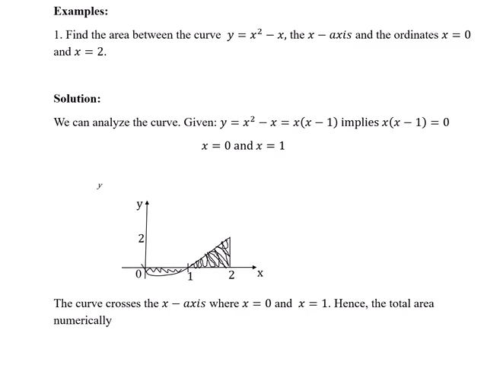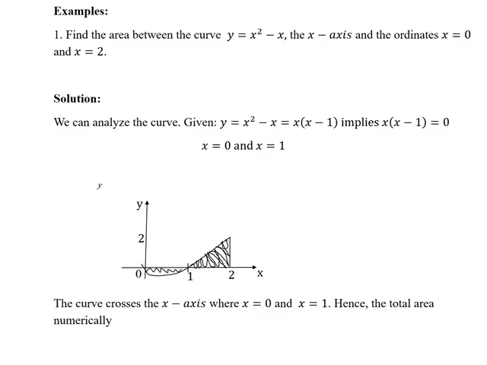And when s is 2, y is also 2. Then you find the graph on the positive side of y. So now the curve crosses the x-axis where s is equal to 0 and s is equal to 1.